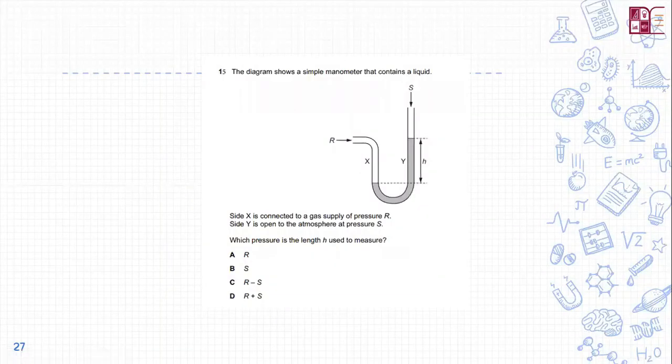All right. Moving on to the next, the diagram shows a simple manometer that contains a liquid. Side X is connected to a gas supply of pressure R. Side Y is open to the atmosphere at pressure S. Which pressure is the length H used to measure?